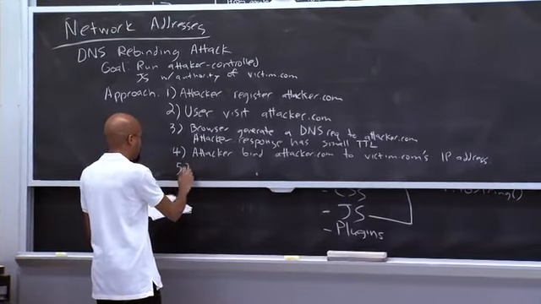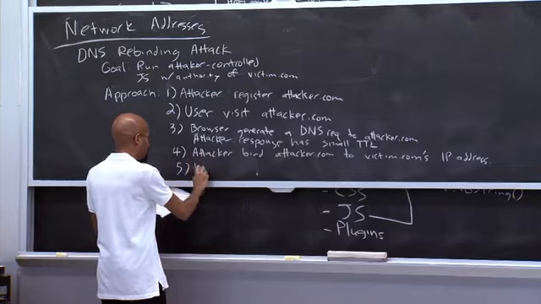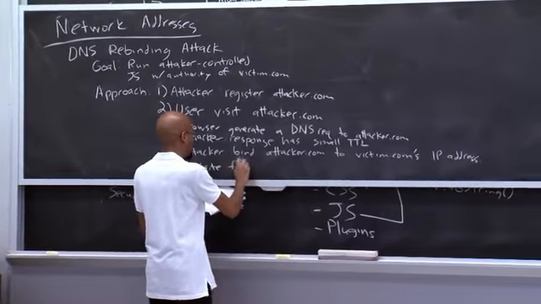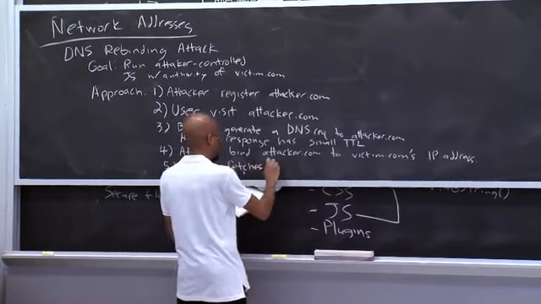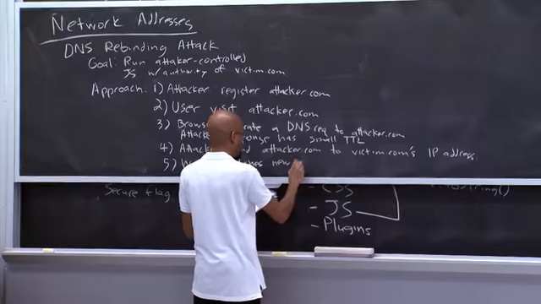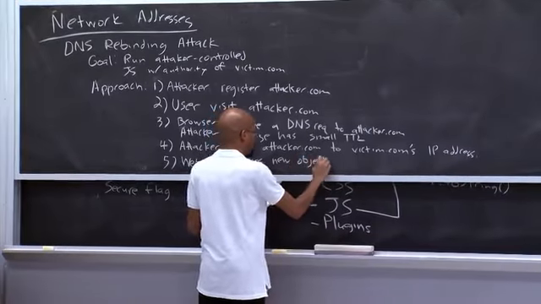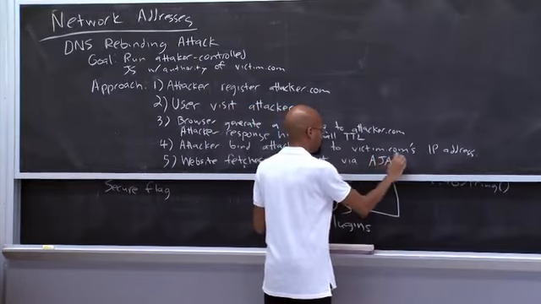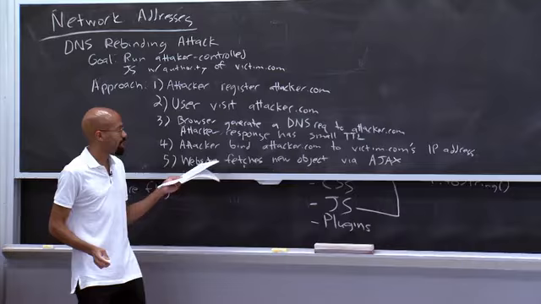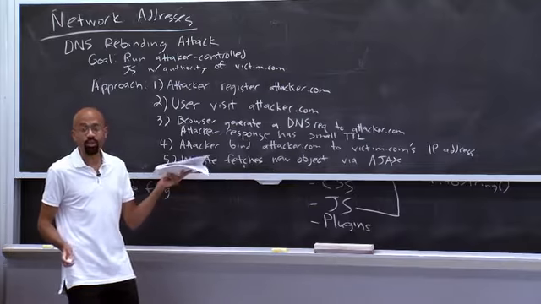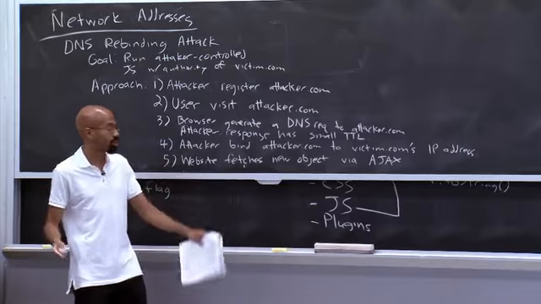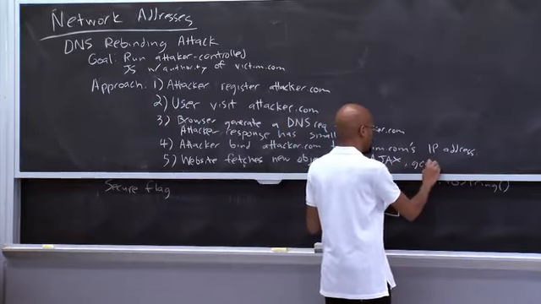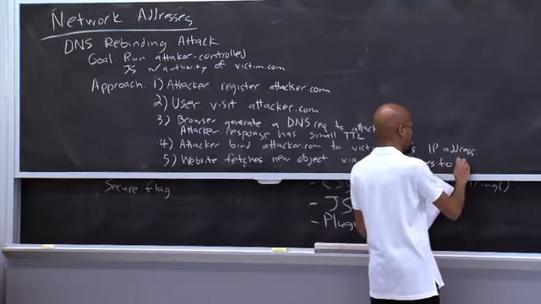What will happen is that the website wants to fetch a new object, let's say via AJAX. It thinks that AJAX request is going to go to attacker.com somewhere externally, but this AJAX request actually goes to victim.com.